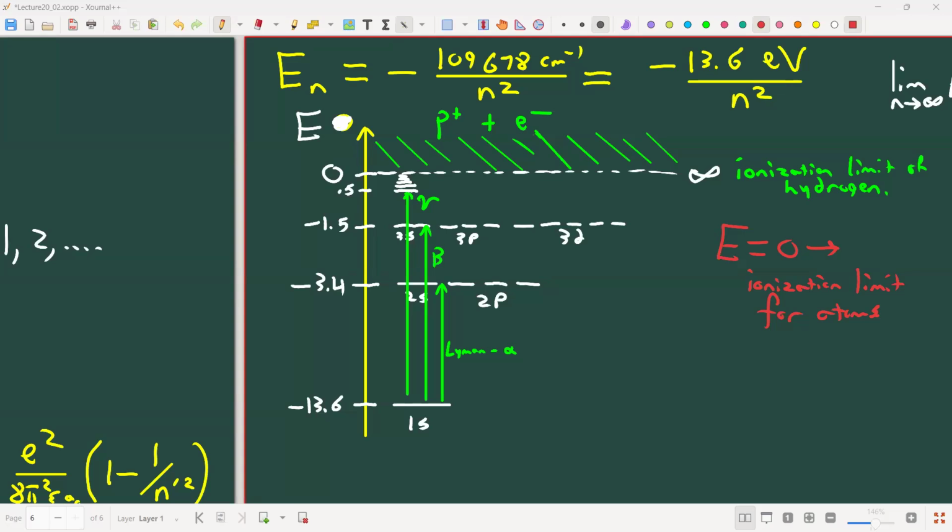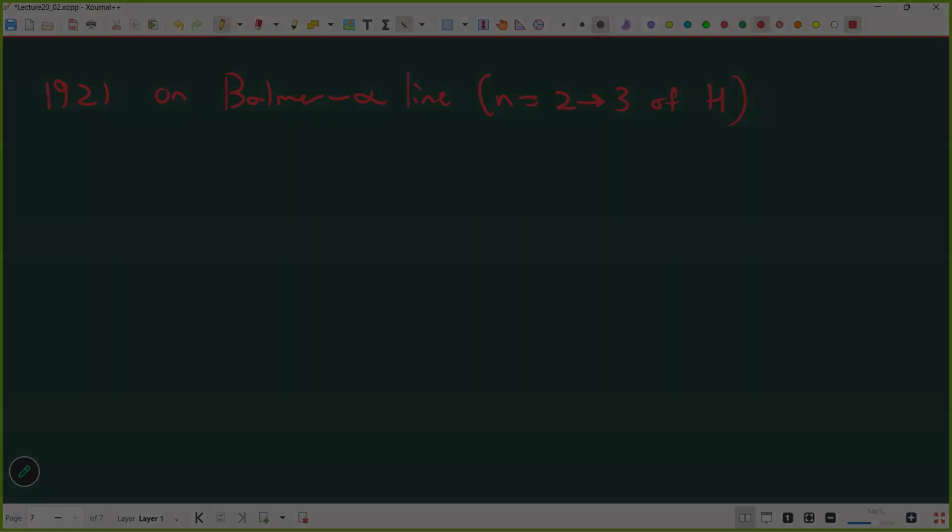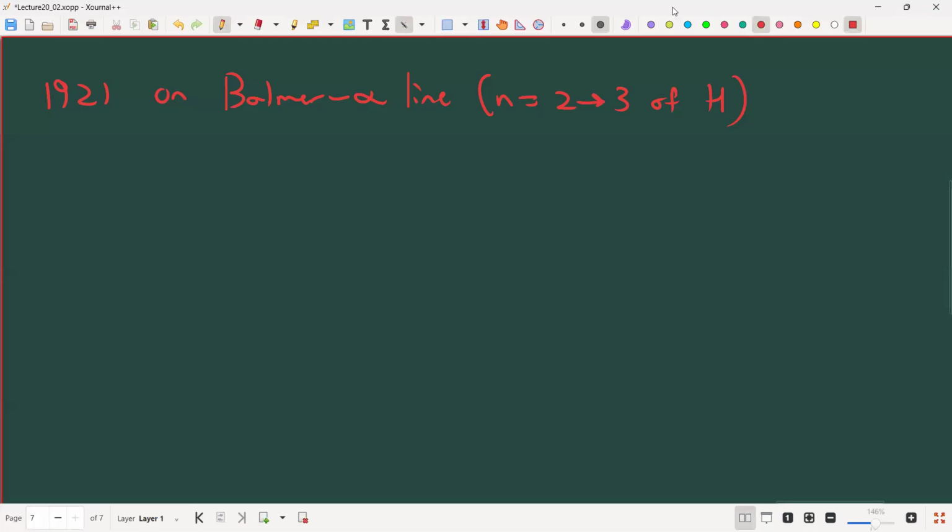And so in 1921, a very interesting report was released on the Balmer alpha line, which is the n equals 2 to 3 transition of hydrogen, which is in the red, hence the color of my text. And what the spectroscopists find is that there's not one line there.